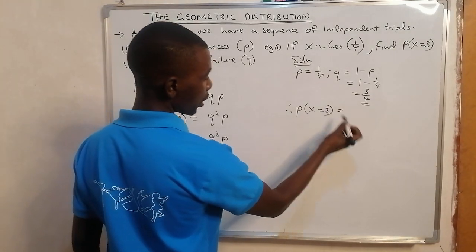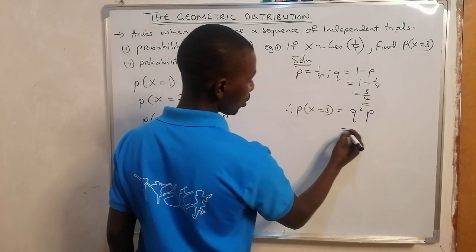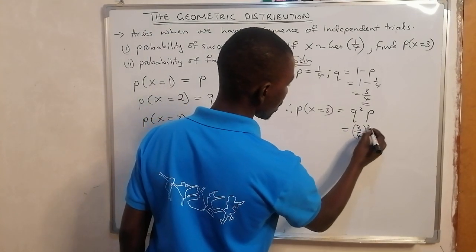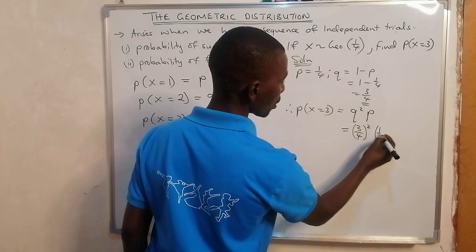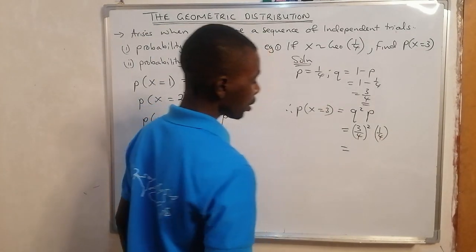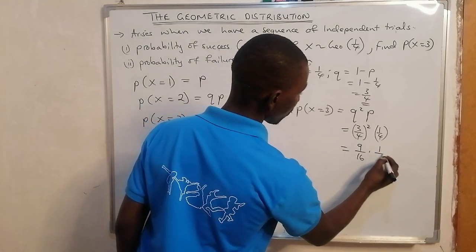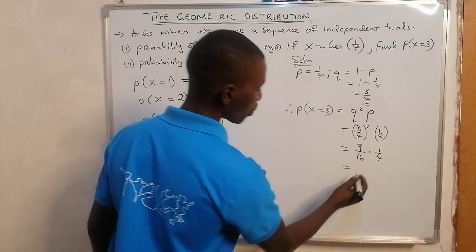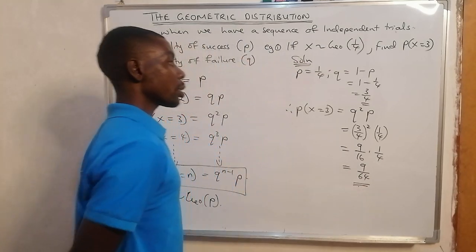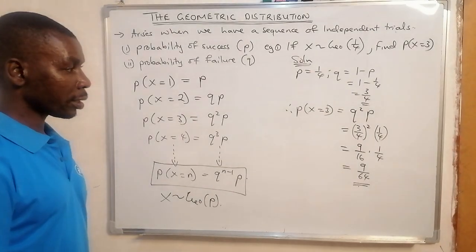We use Q to the power 2 times P, which is equal to, our Q, remember, is 3 over 4 squared times P, which is 1 over 4, right? That will give us 3 over 4 squared, that's 9 over 16 times 1 over 4, which is equal to 9 over 64. So this is how we find P of x equals to 3, right?